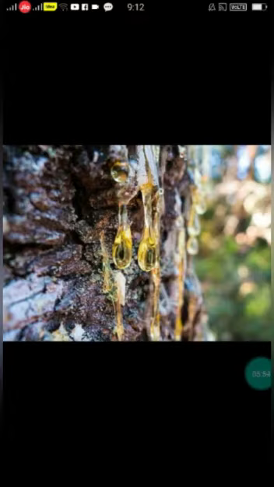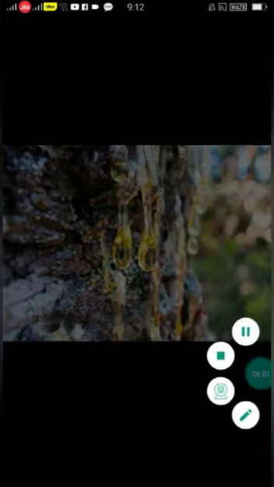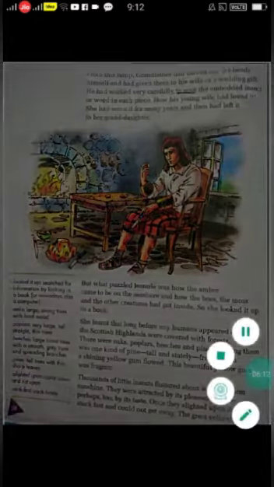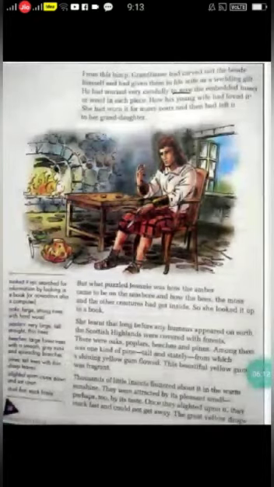Now let us see how the insects are being embedded inside this. Thousands of little insects fluttered about it in the warm sunshine. Here, fluttered means the insects used to fly in the warm sunshine.